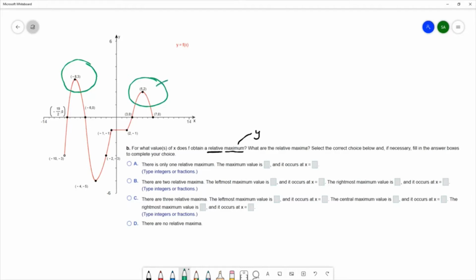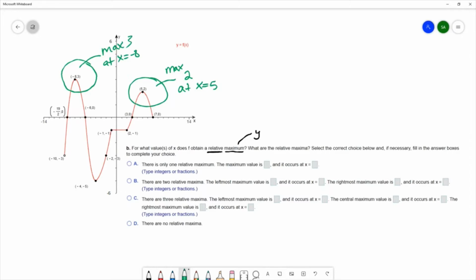So for this one here, we have a max y value of 2 at x equals 5. And for this one here, we have a max y value of 3 at x equals -8. So these would be our relative maximums for this particular graph.